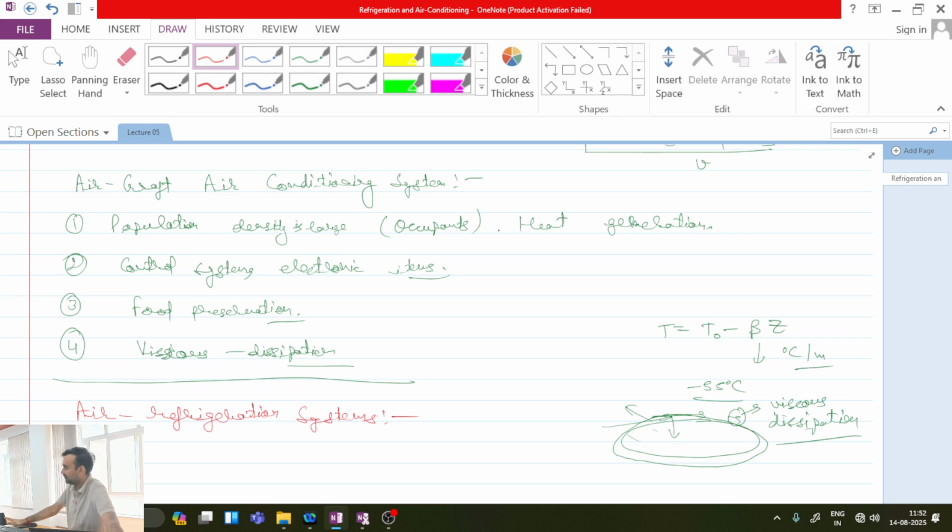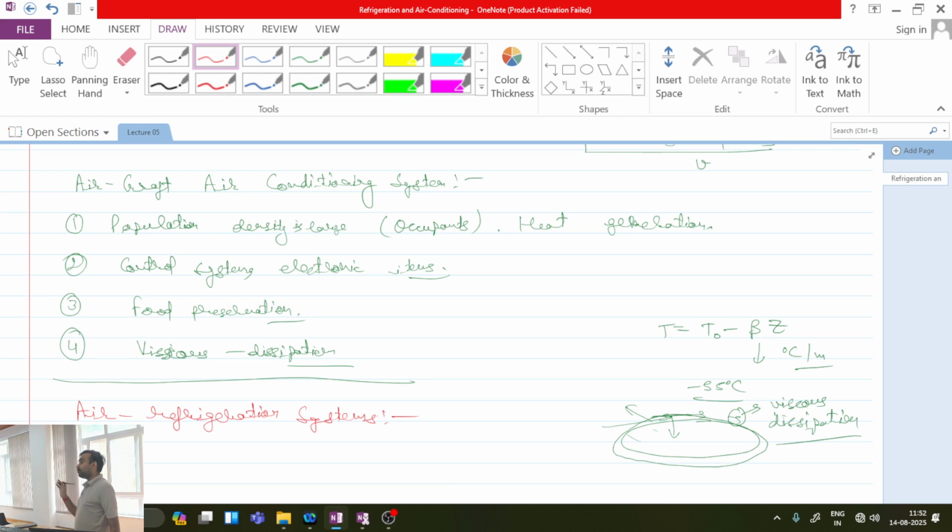However, if you use the vapor compression refrigeration system, then you need to use a separate compressor, which can handle that particular medium. Okay, one point is clear.